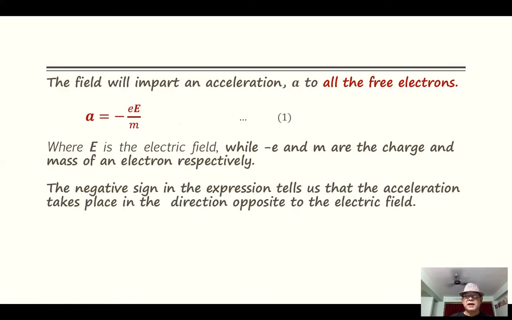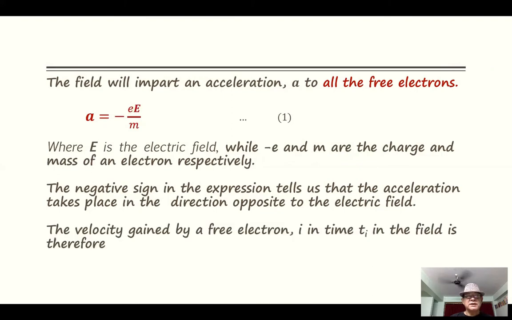The negative sign in the expression tells us that the acceleration takes place in the direction opposite to the electric field. The velocity gained by a free electron i, in time t_i, in the field is therefore v_i equal to a t_i equal to minus e into E divided by m into t_i. This is equation 2. The earlier one we named as equation 1.